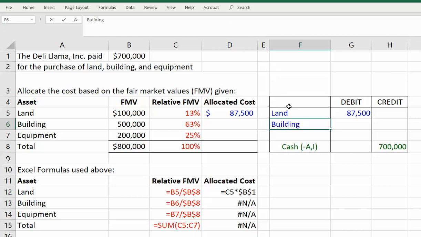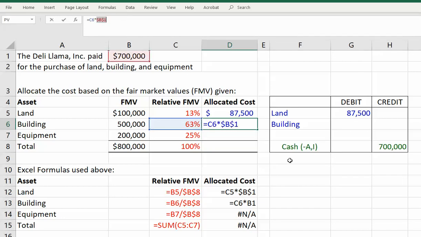The building, again these are all increases to your assets, the building is going to equal the formula, and again it's F4 that you can select to get the dollar signs in front of the B in the cell.